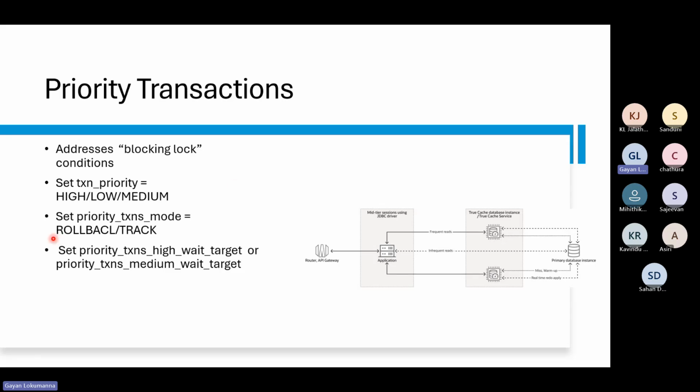Now, if you have set the priority transaction mode to rollback, so if you set it to rollback, then what happens? The moment it exceeds this 1 minute, which we set here, the low priority transaction will be rolled back, letting the high priority transaction go and commit, or go and update the change, update the table.